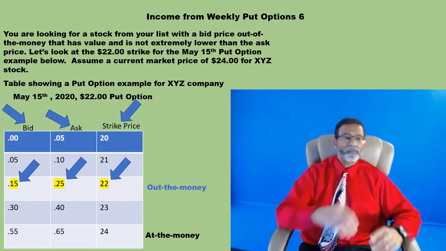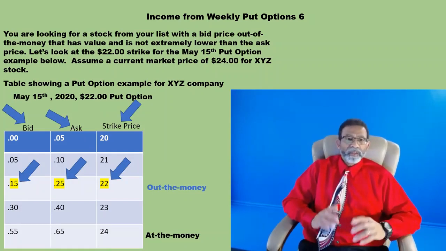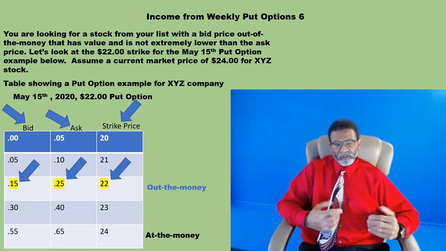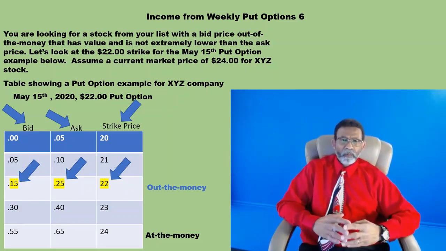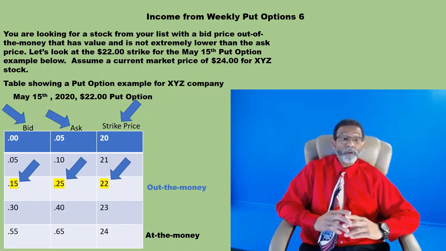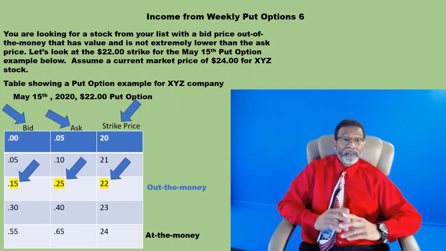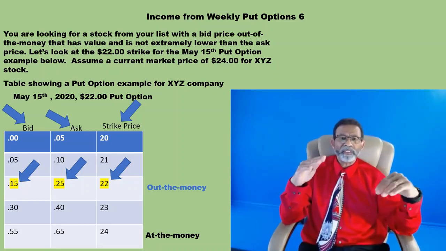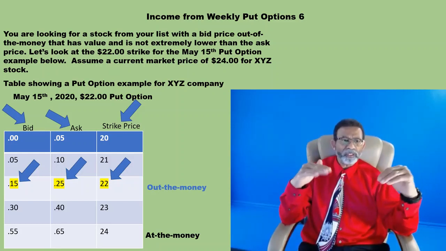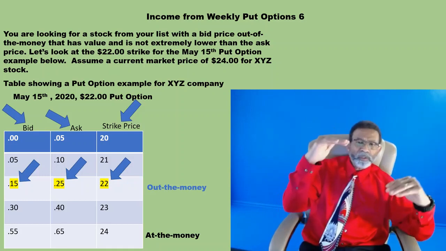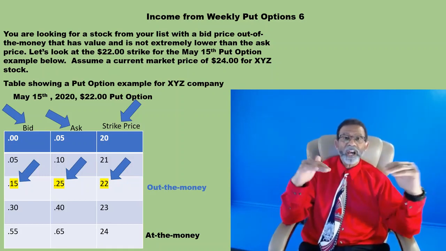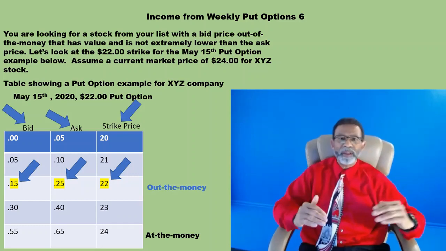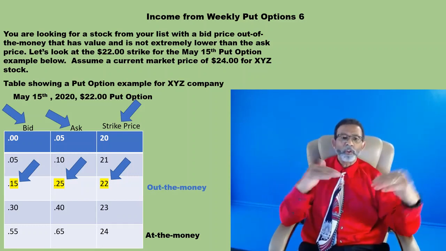As we continue, now you're looking for a stock from your list, in general, where the bid price is out of the money and that bid price has value. Now, what I've learned in my experiences, if you look very closely, you'll notice there are certain stock options where the bid price is way different than the ask price by huge percentages.